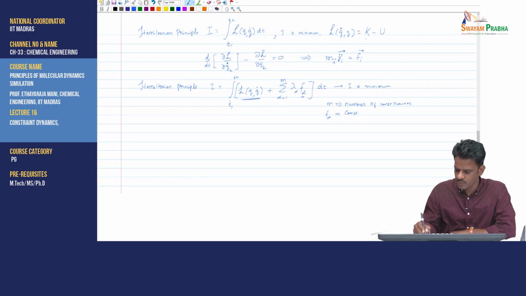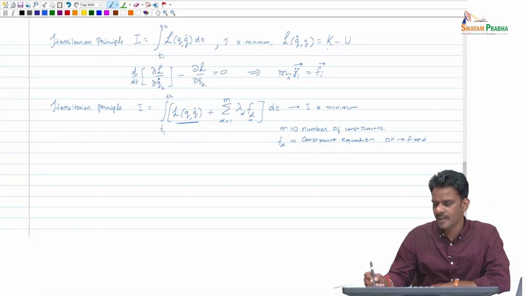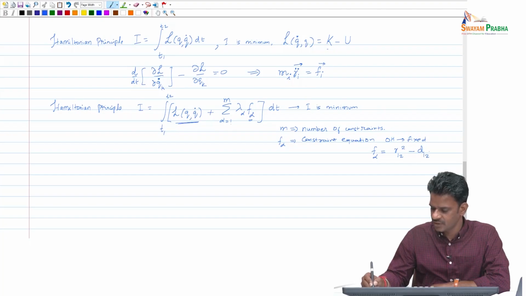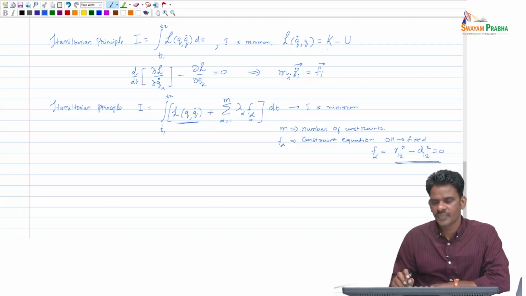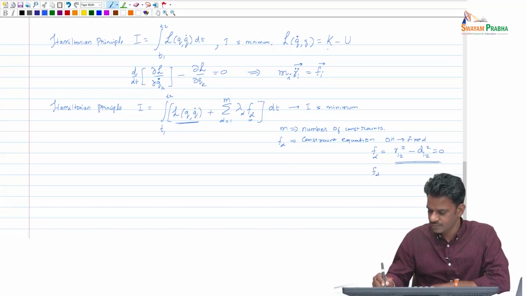And then this f alpha here is the constraint equation. So, in our example where we said this OH distance was fixed in the water molecule case, you can think of this f alpha as something like the distance between 1 and 2, that is the OH distance squared minus a constant value should be equal to 0. So, this is the constraint that we impose for one OH bond. Similarly, you can write for the other one also.